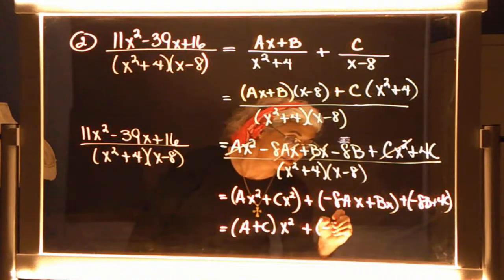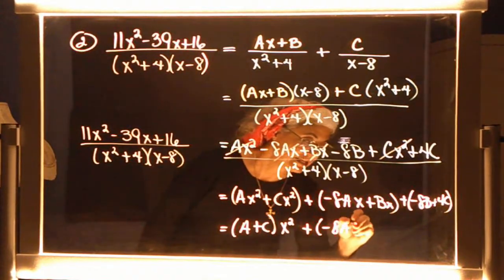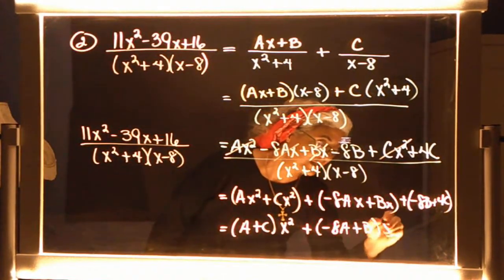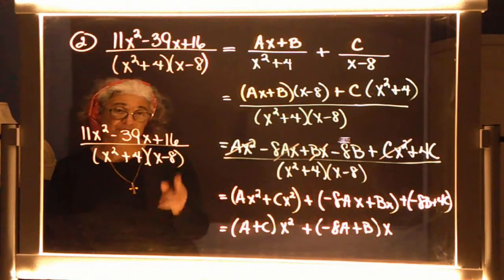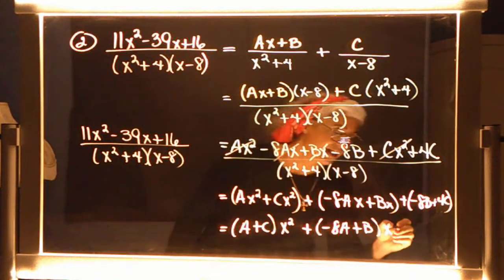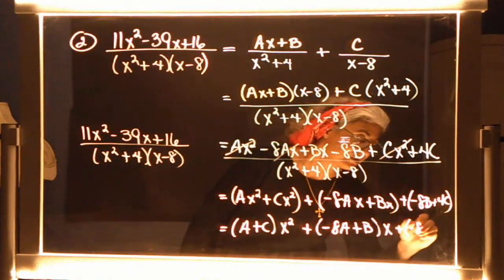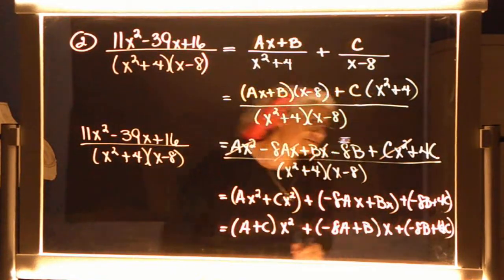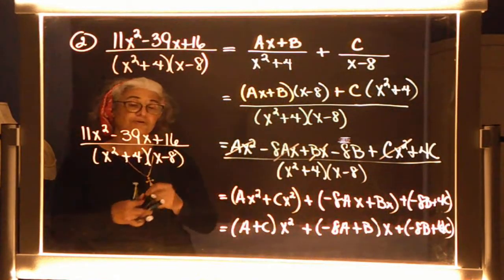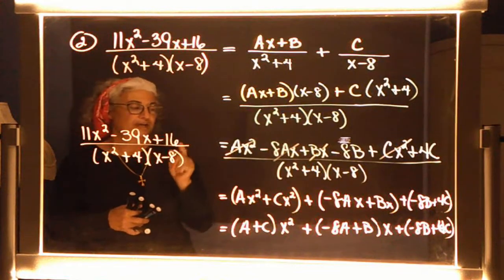And on the second one, I am going to take out that x so I can see what the coefficient of the x is. With me? And this last one, well, there's no x's whatsoever, so it's just going to stay as is. Cool? Okay, so hang in there.